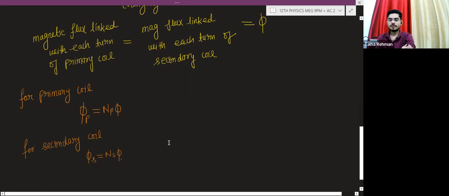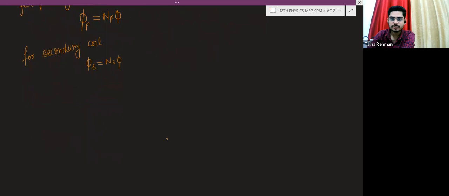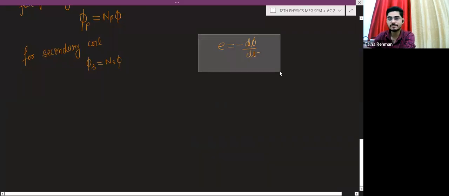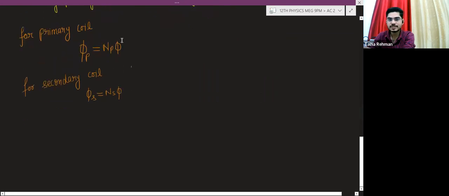We know the Faraday law of electromagnetic induction. EMF induced is given by minus d phi by dt. Many times, hundreds of times I have used this. So this is the flux in the primary coil, and this flux is changing with time because the current is changing.